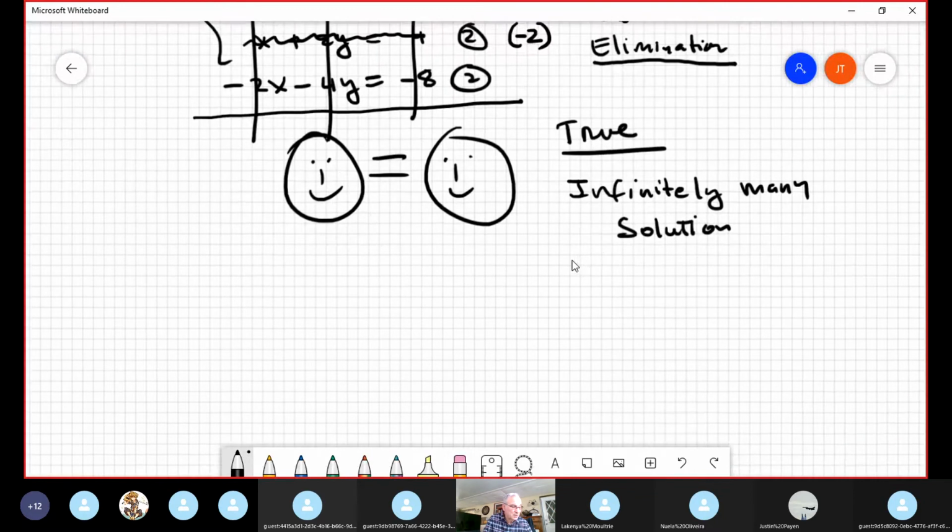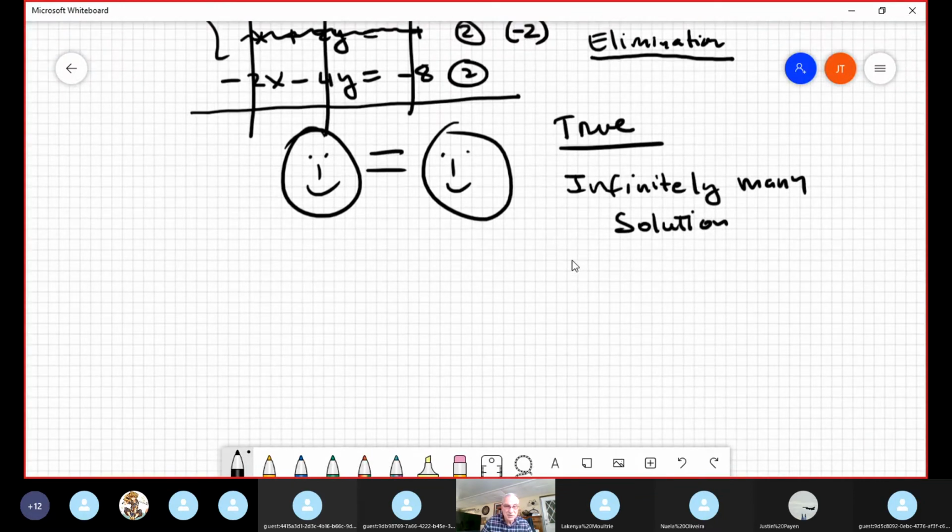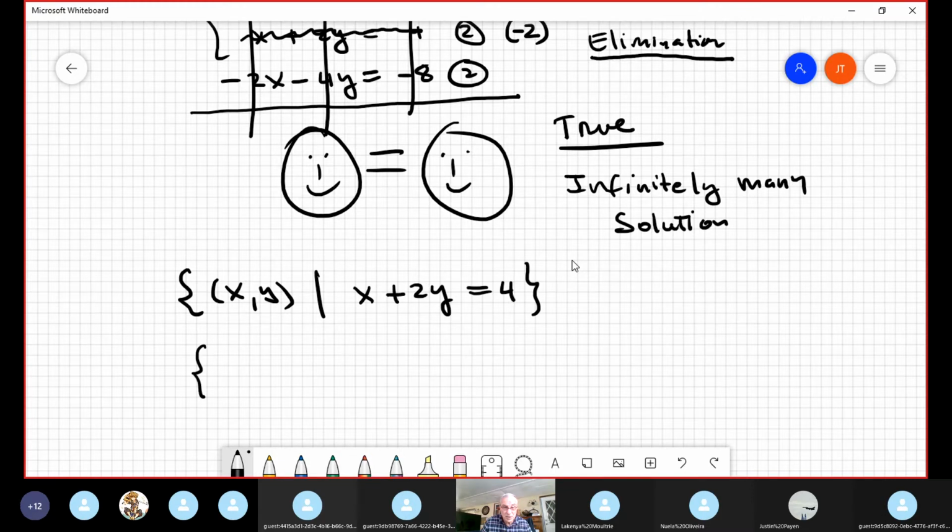So you write like that: infinitely many solutions means the solution is every ordered pair that satisfies any equation. You copy the first or the second. I copy the second because I consider it easier, but whichever you copy, the answer is correct. One student writes like that, another student writes like that, because they are completely dependent equations.